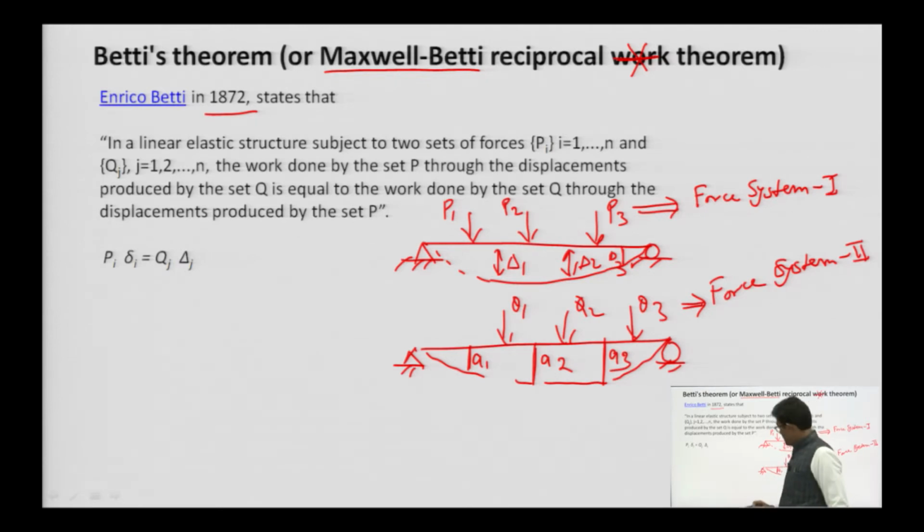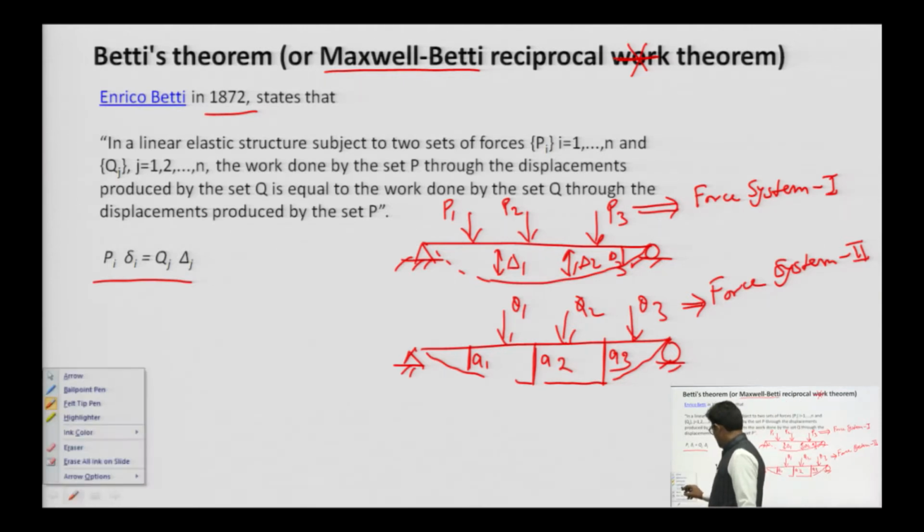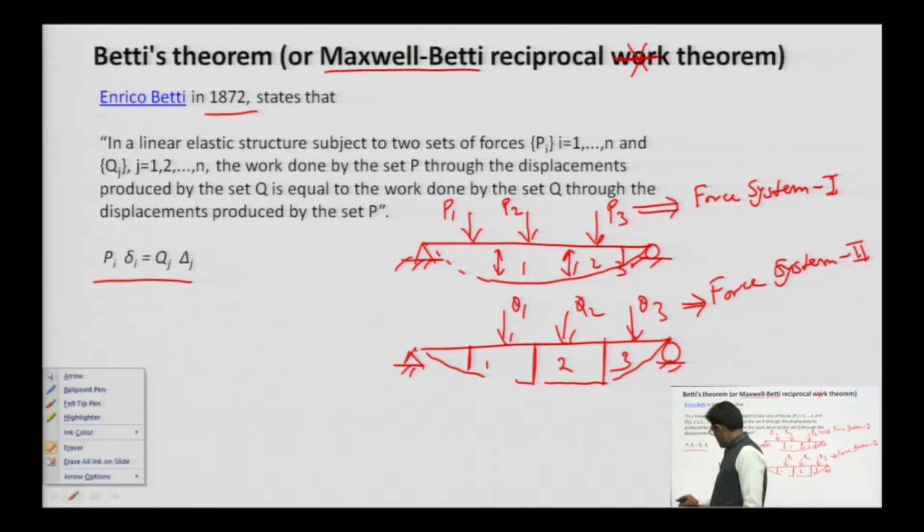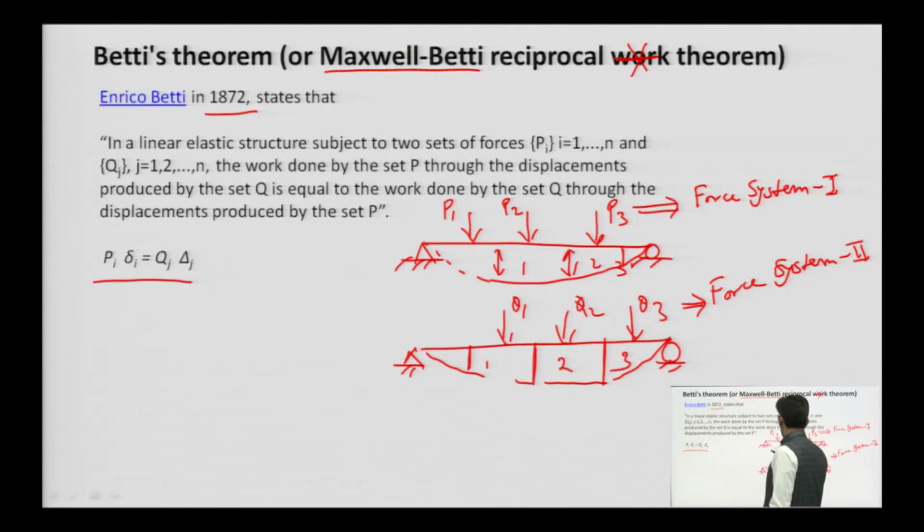What are A1, A2, A3 and delta 1, delta 2, delta 3? According to this statement, we need to replace them by del 1, del 2, del 3.